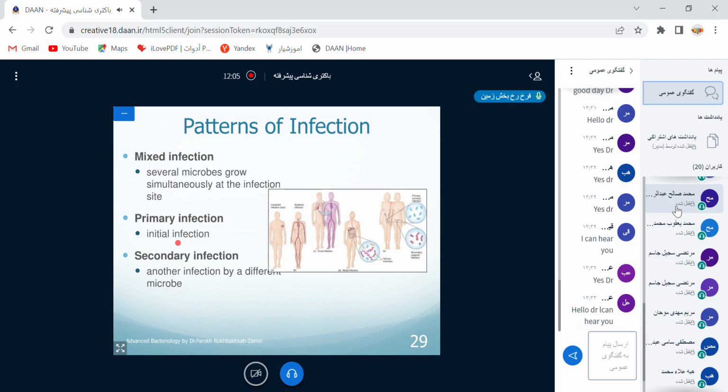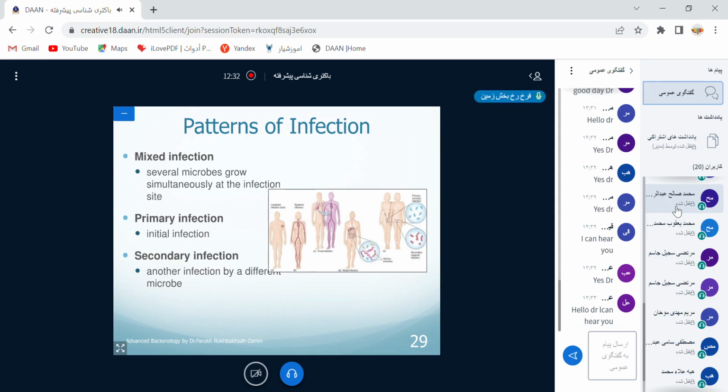We have two different types of infection. One is primary infection. Primary infection is the infection which starts with the first pathogen. Sometimes one pathogen starts an infection and it is followed by another one.